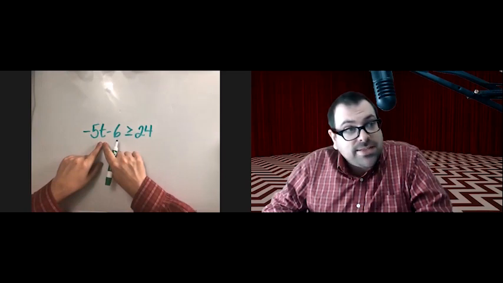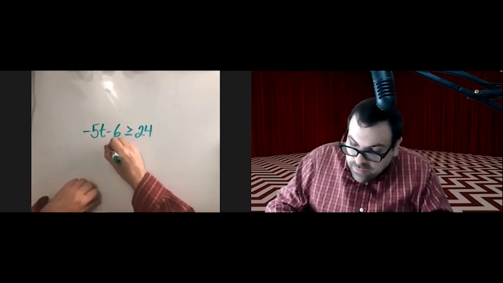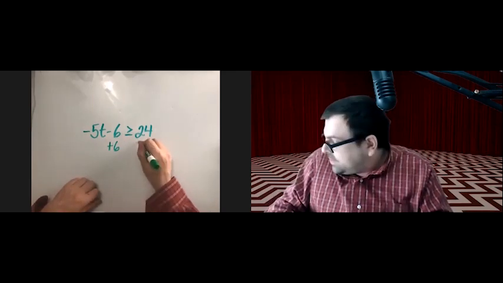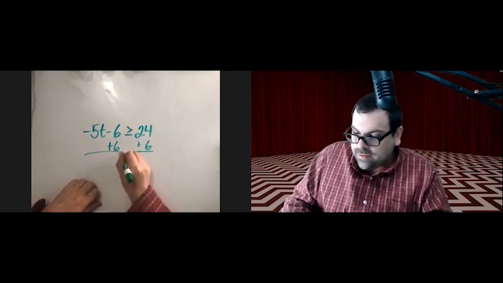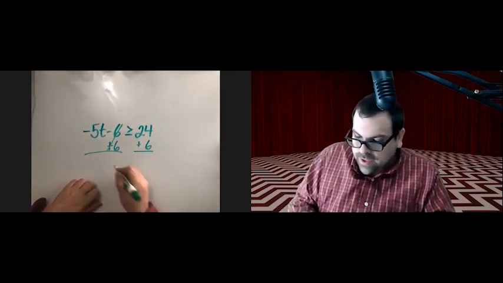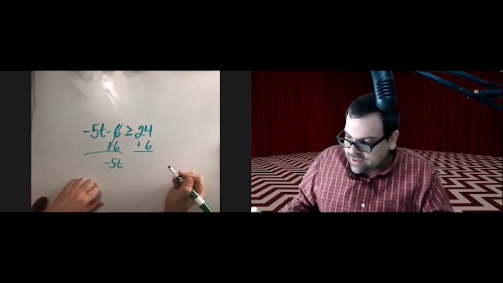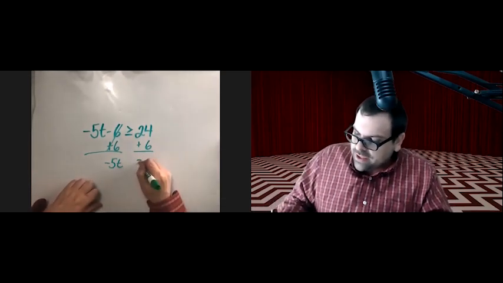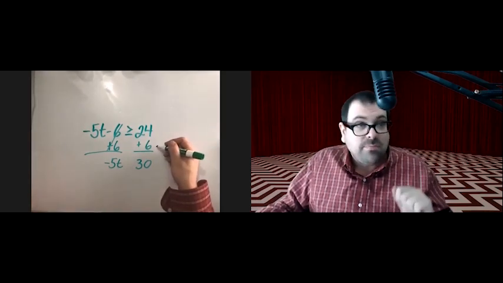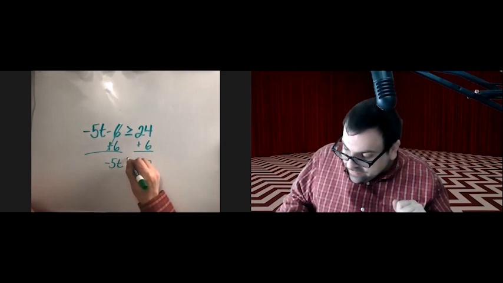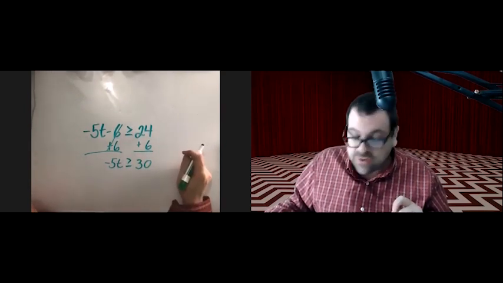To get the t by itself, we've got to get the negative 5t by itself, we've got to add 6 to both sides. Leaves us with negative 5t on the left. Leaves us with positive 30 on the right. Adding 6 is not multiplying or dividing by a negative. The inequality symbol does not change.